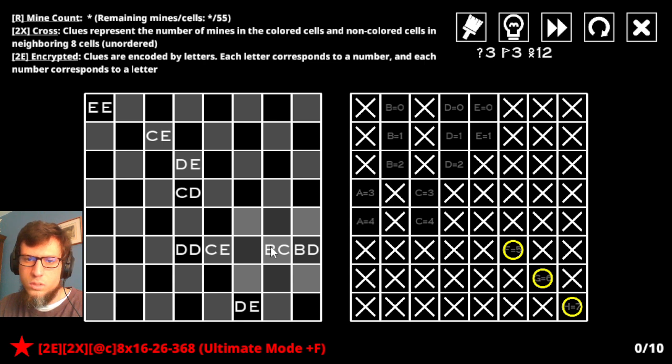Okay, so this C must be at least 3. Oh. And I think that means either B or D must be 2? Okay, but I think it means this has to be mine, for sure. Because C must be at least... Oh, no. Because it could be here. Okay, hold on. Yeah, alright.